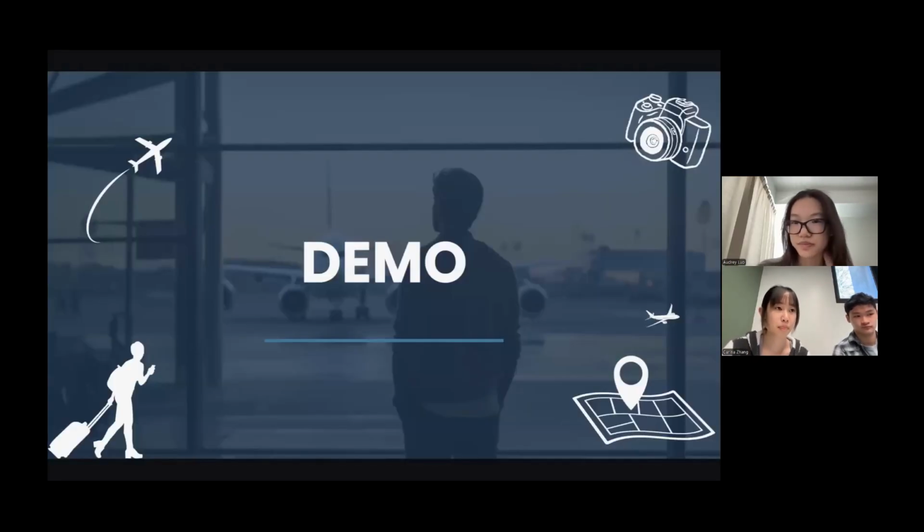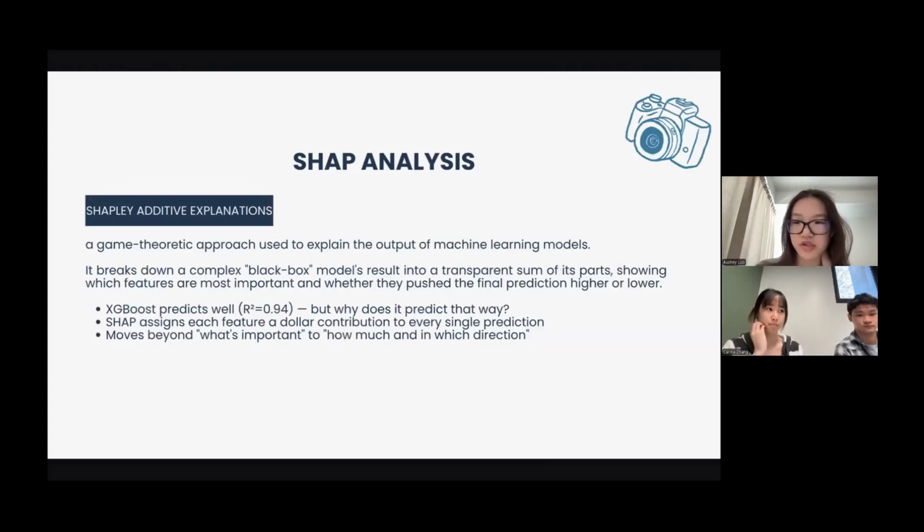Before I show you the demo, I will explain SHAP. Our XGBoost model is highly accurate, but it's essentially a black box. We can predict well, but we don't know the reason why. SHAP solves this problem. It comes from game theory. Imagine each feature, each variable, as a player on a team, and the predicted fare as the final score.